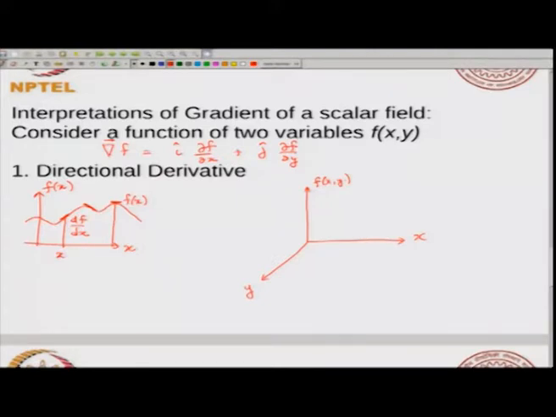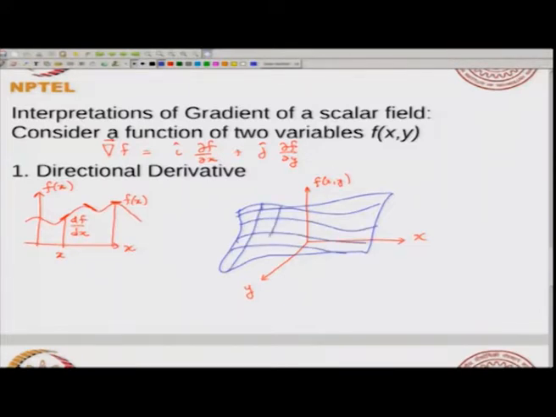If you connect all those values of the function, you will get a surface. I will show this in blue. This is the surface, f of x y, which corresponds to the function.